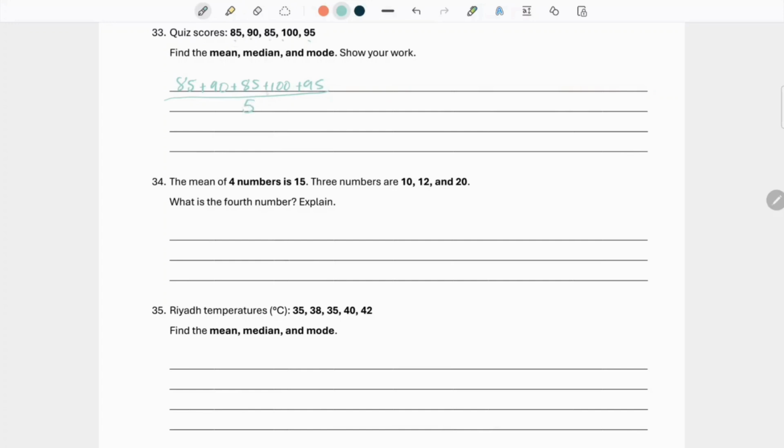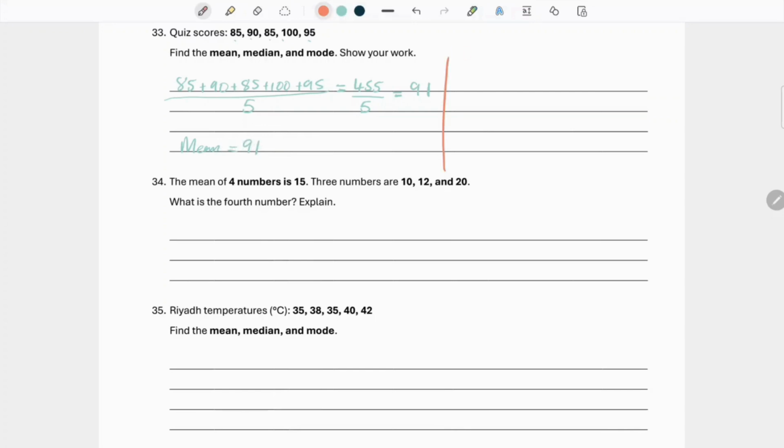There's 5, which equals 455 over 5. And 455 divided by 5 gives you 91. So the mean equals 91.